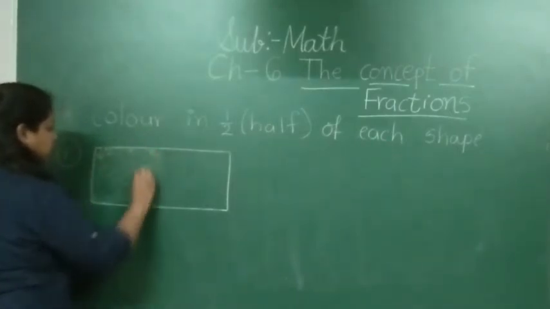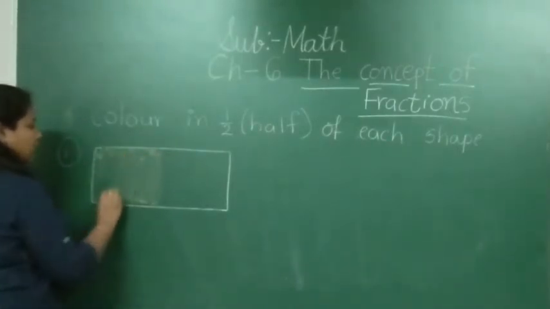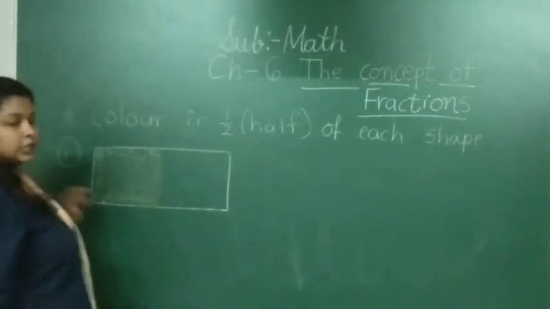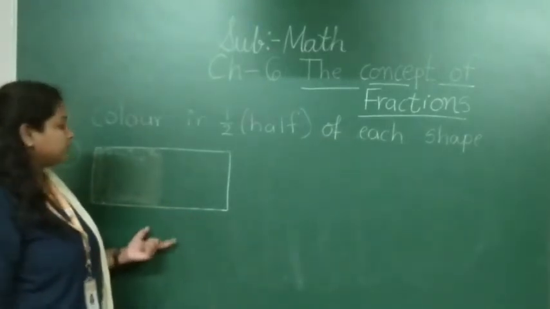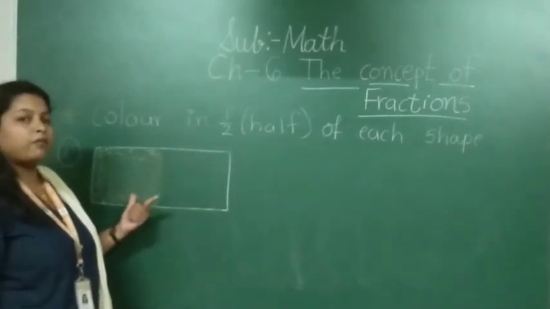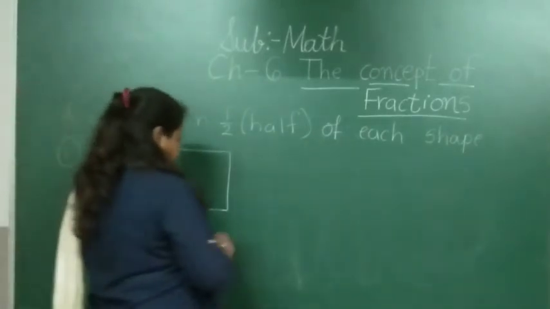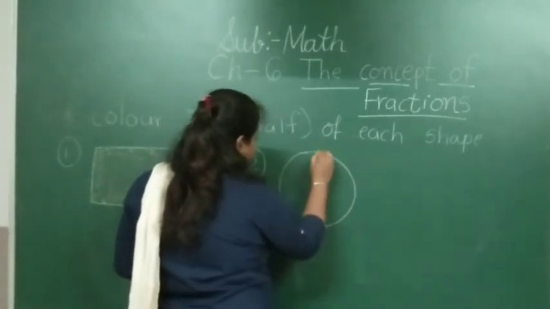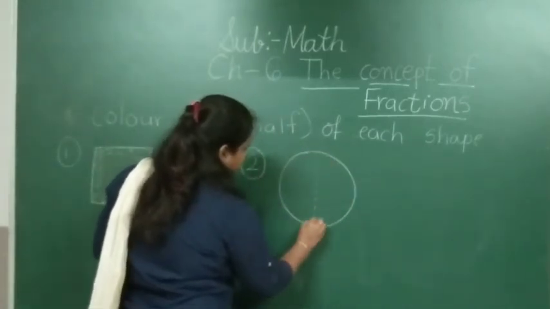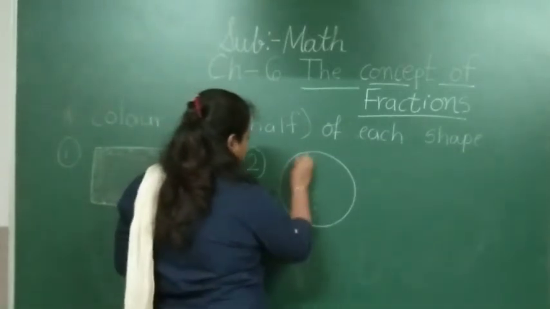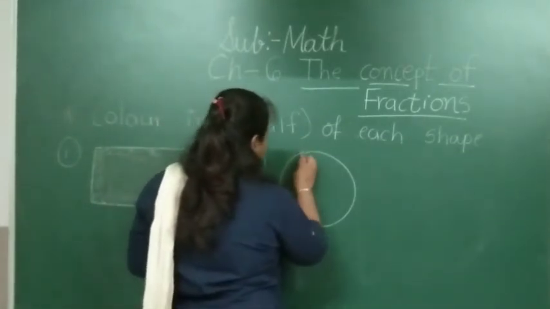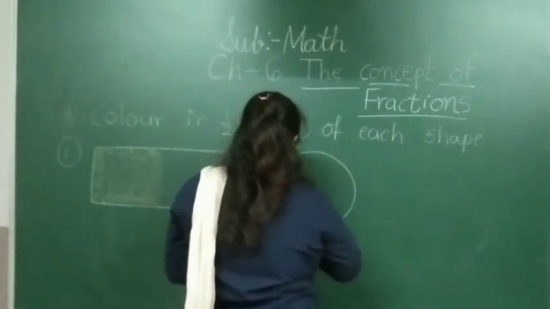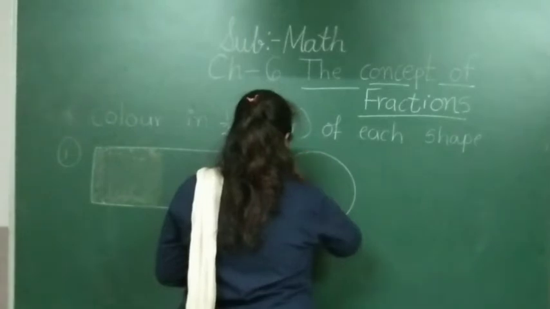So here you can see how I have colored this half, that means 1/2, that half part of this rectangle. You can see the difference between this. 1/2 is blank and 1/2 is colored over here. The other shape is a circle. So in this the dotted line is given to you like this. So what you have to do is the same in this. You have to color this with the help of blue color.